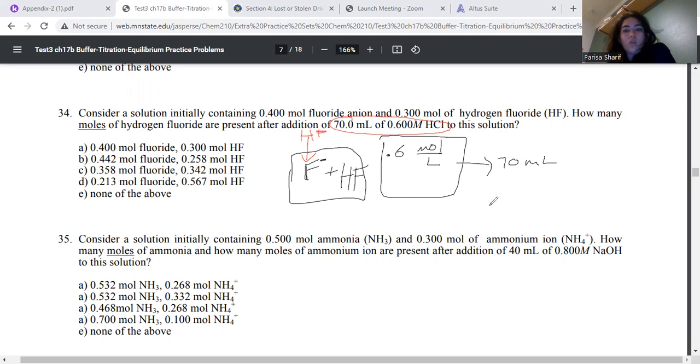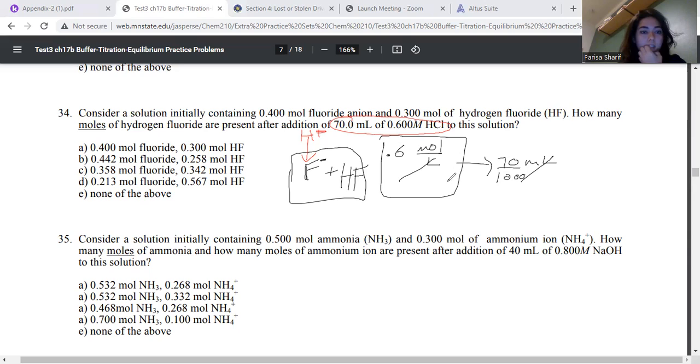Okay. So when you put these numbers next to each other, you can tell what needs to be done, right? The volume needs to cancel out so we can get moles. But this volume is not in liters, it's 70 milliliters. So to get it in liters, we're just going to divide it by 1,000 and then multiply. So 70 divided by 1,000 times 0.6.